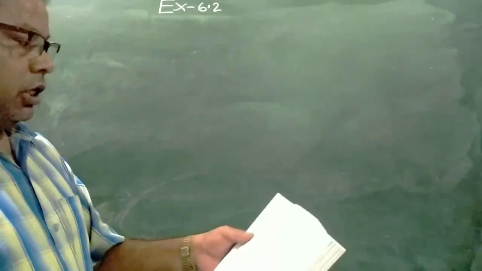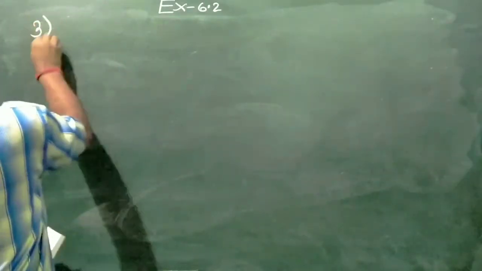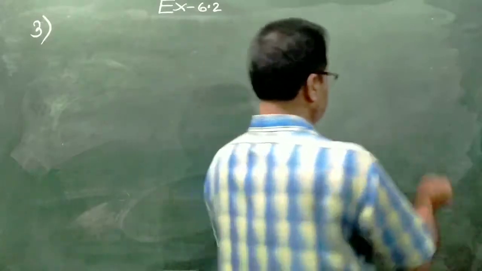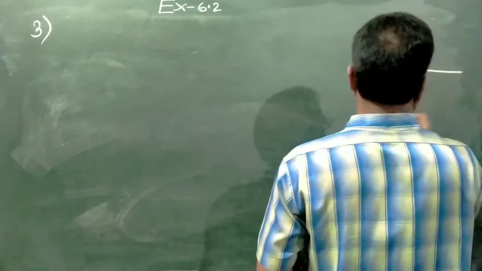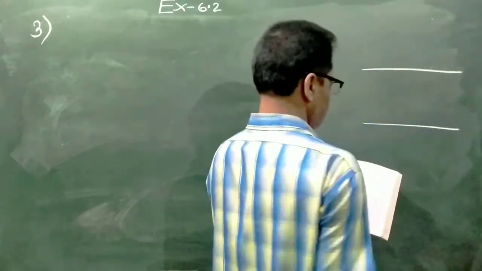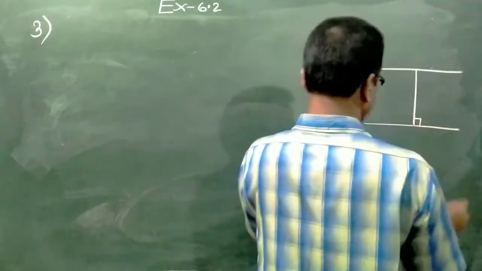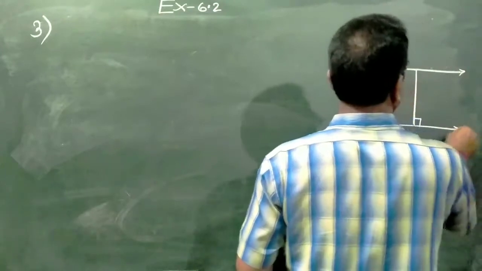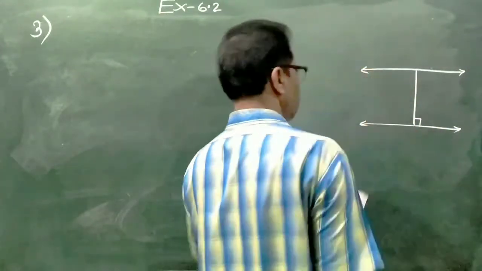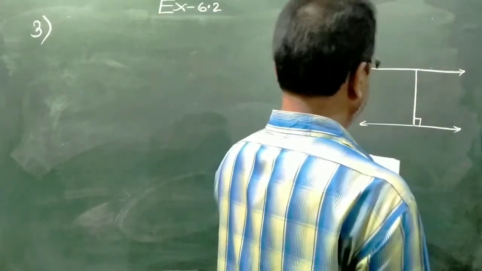Question number 3. The figure is given with two parallel lines. One is a perpendicular line EF.